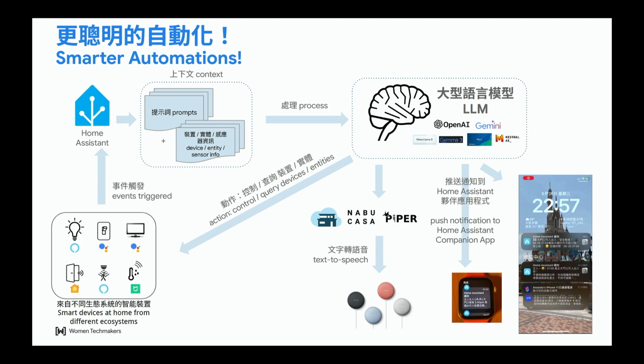I shared about this briefly last year as well, so this is just a recap. But there are some new things since last year. There has been a lot of development in the project, and I will give you some updates this time.